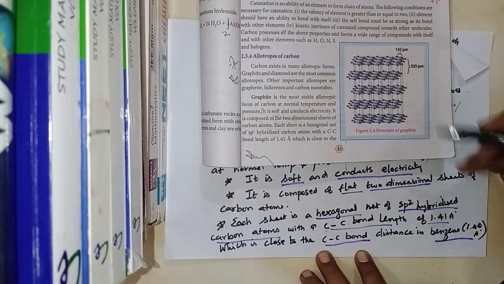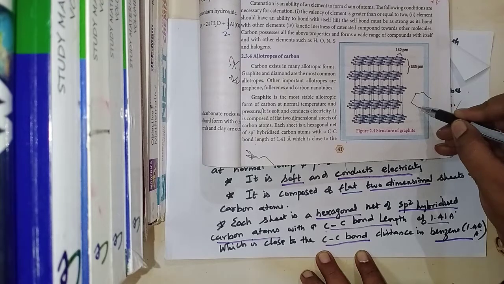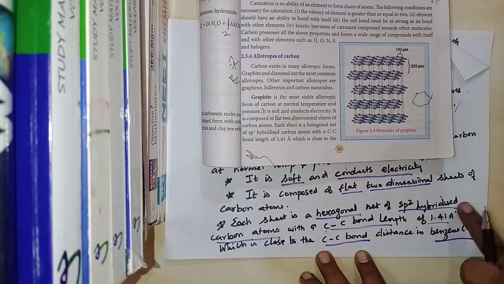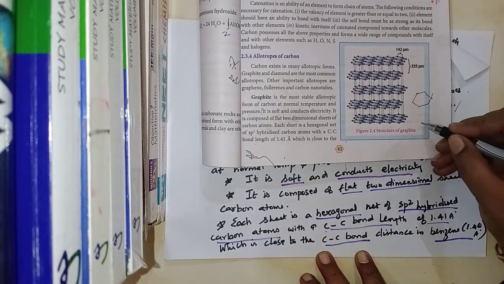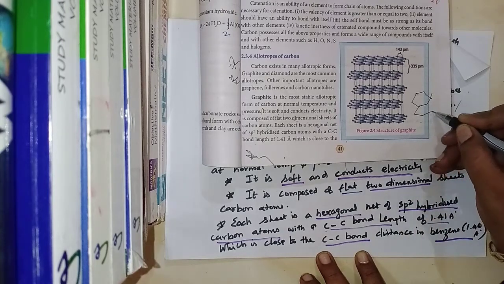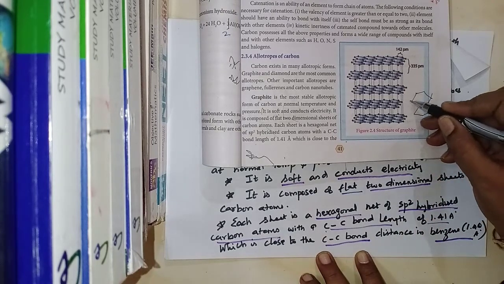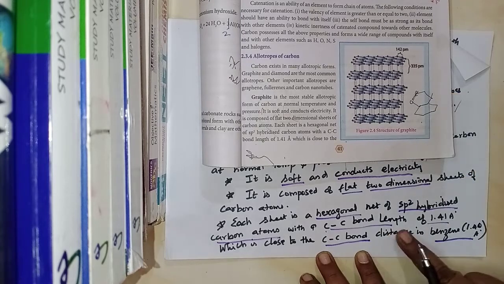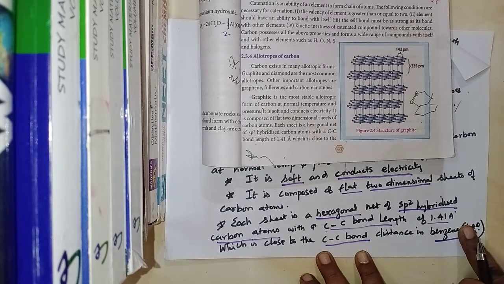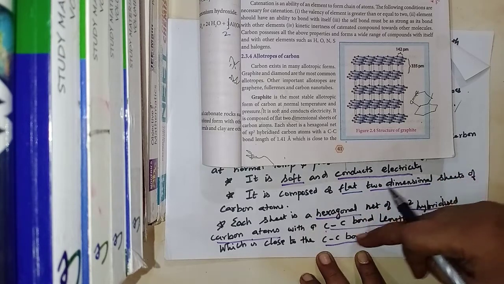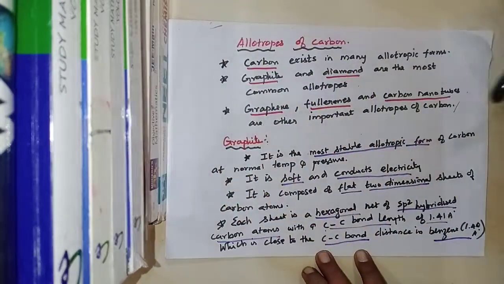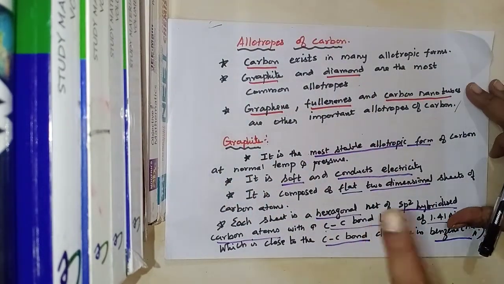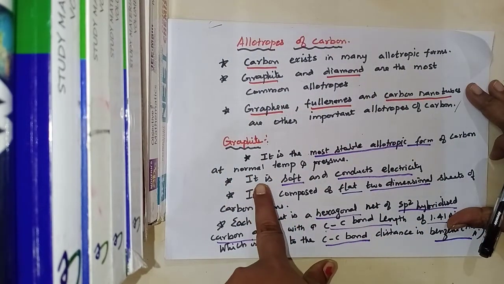Each sheet is a hexagonal net of sp2 hybridized carbon atoms with a C-C bond length of 1.41 angstroms, which is close to the carbon-carbon bond distance in benzene, 1.40 angstroms. So it is a more stable allotropic form of carbon.